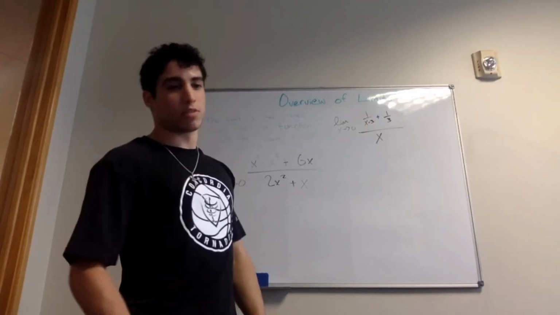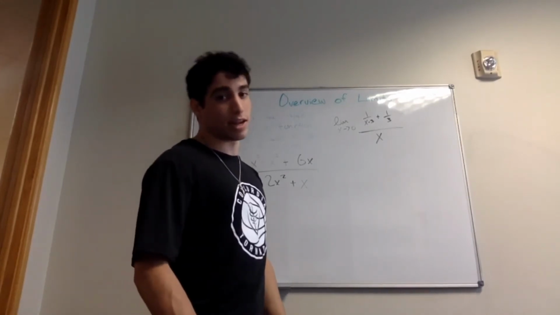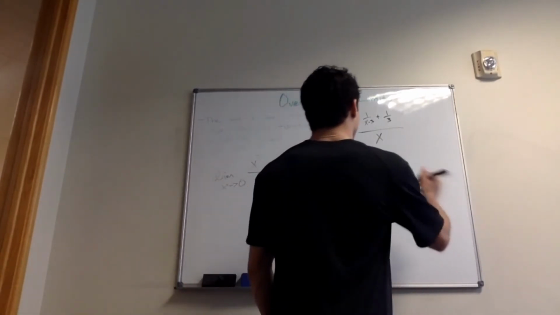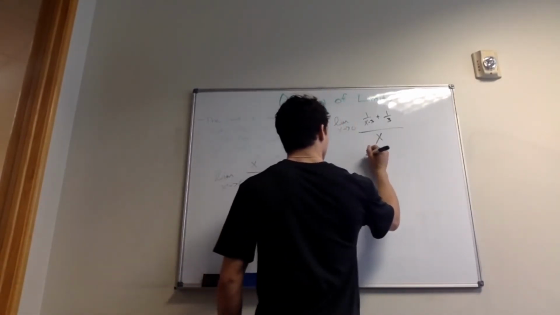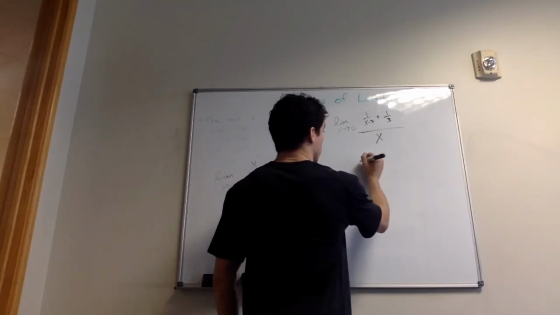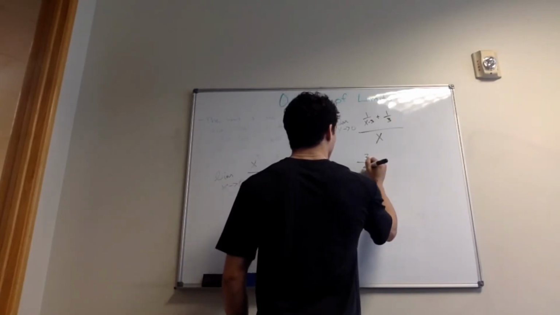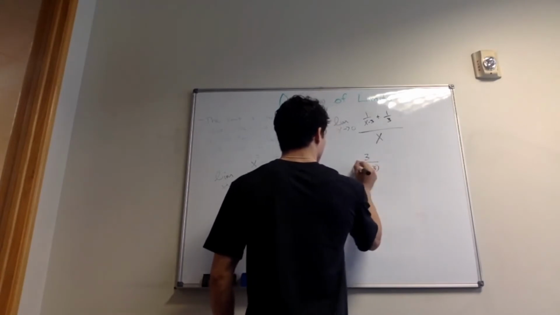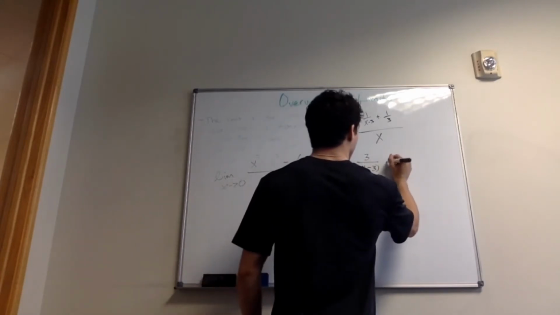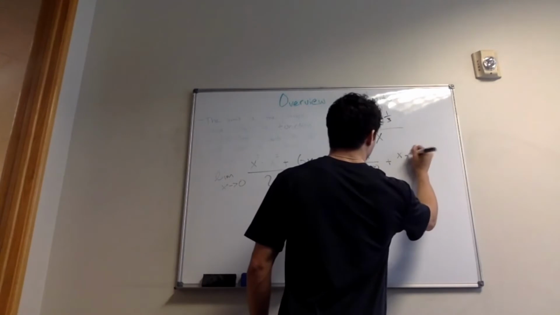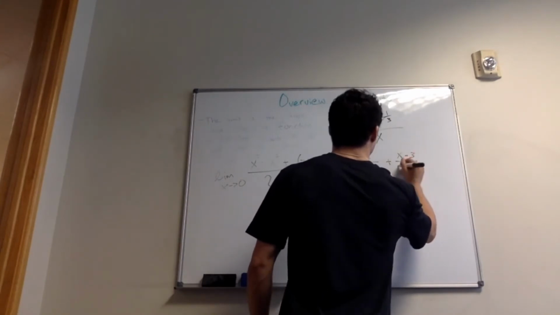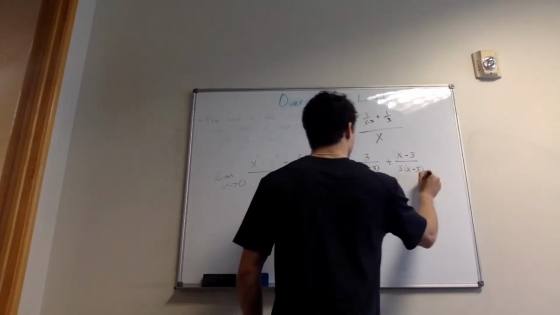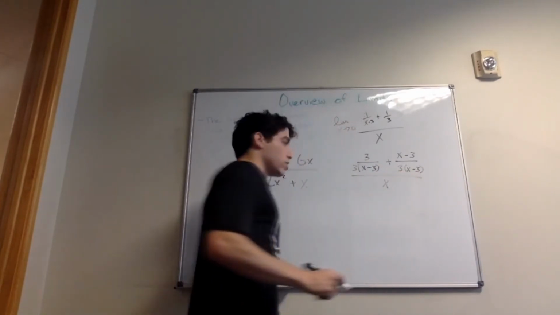So we're going to have to combine denominators to get similar denominators. So that's going to be 3 over x minus 3 times 3 plus x minus 3 over 3 times x minus 3, all over x.